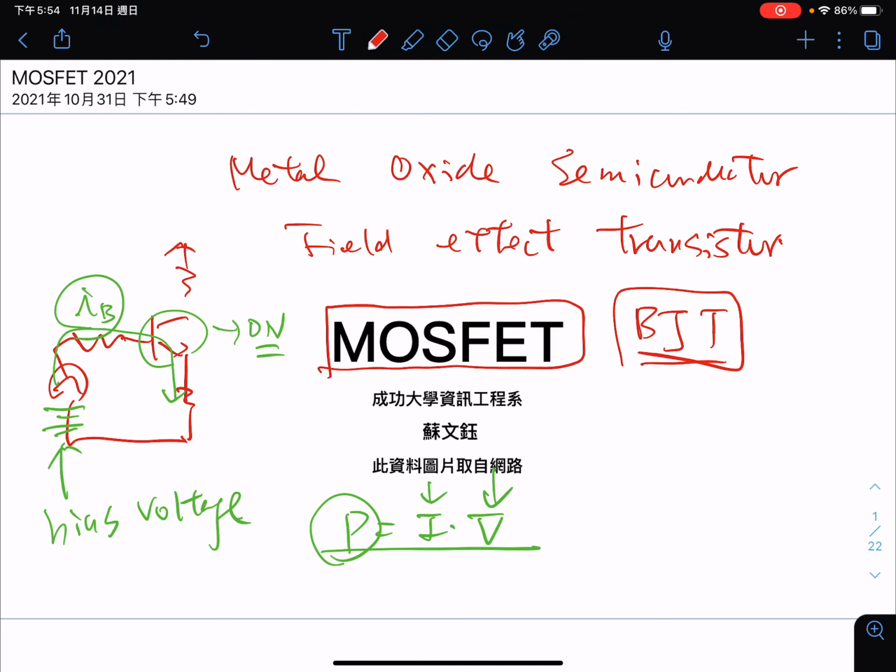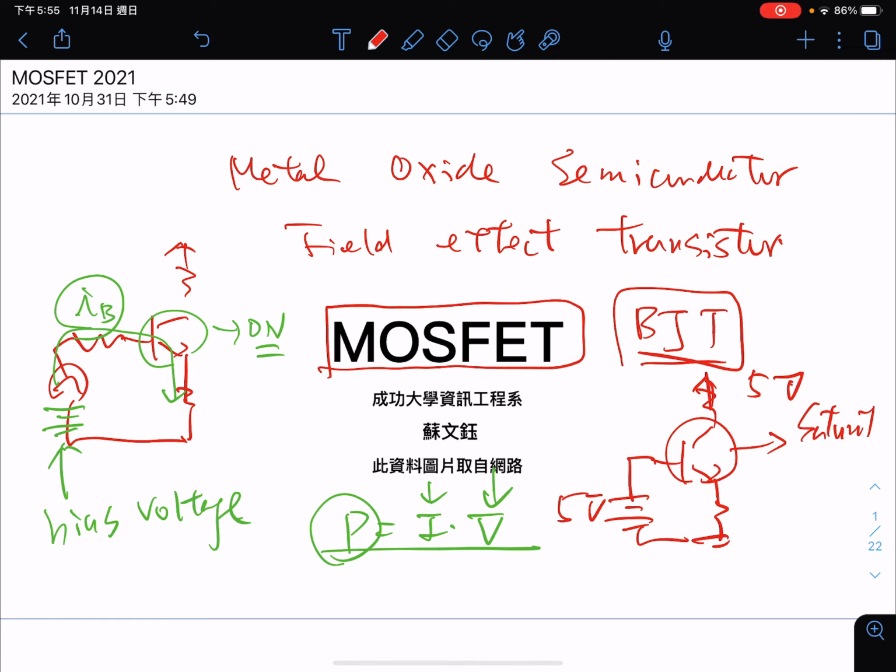when we have a transistor here, and this is, for example, 5 volts, and I put 5 volts here, this will make the transistor go into saturation, right? And when it goes into saturation, VCE will be equal to 0, and the output here will be close to 0 volts.